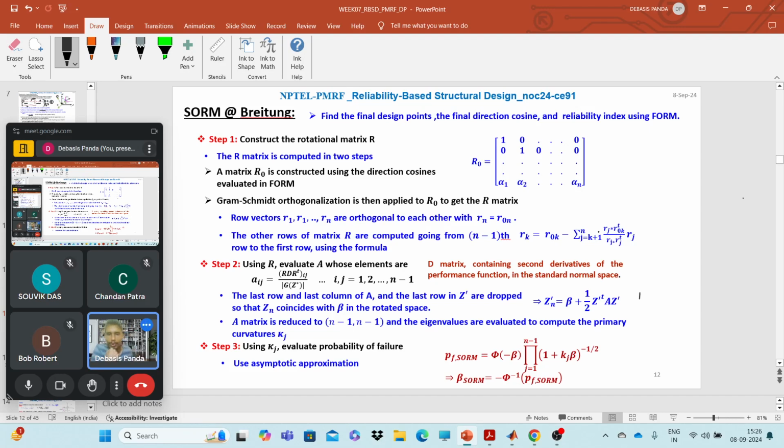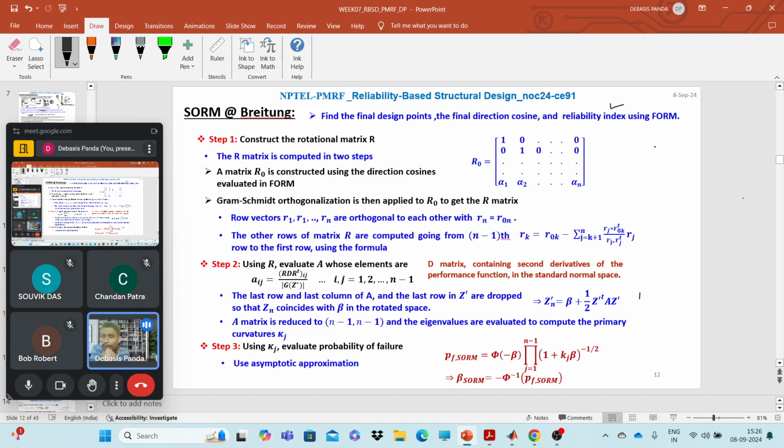So first we need beta, alpha and all these things. That means we need to run the Rackwitz-Fiessler algorithm, or solve the problem until we get the final value of beta.